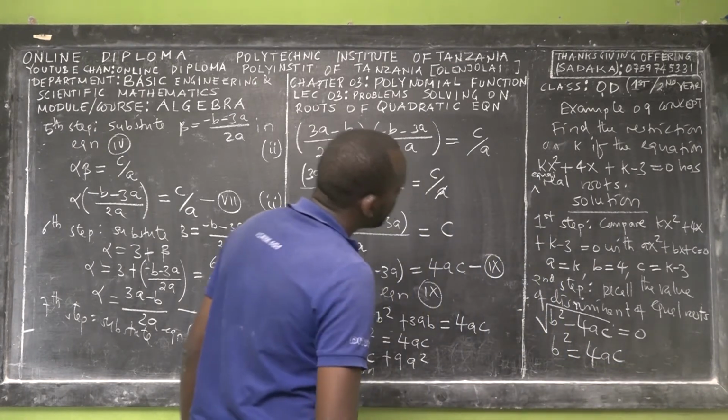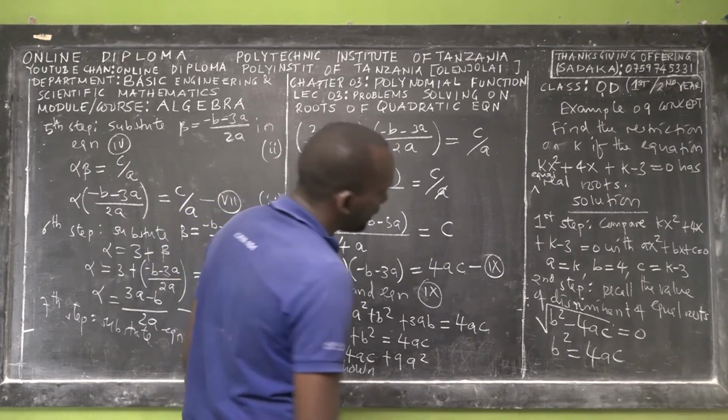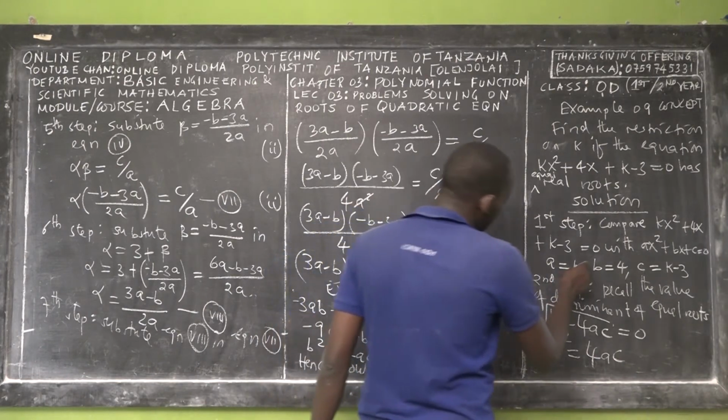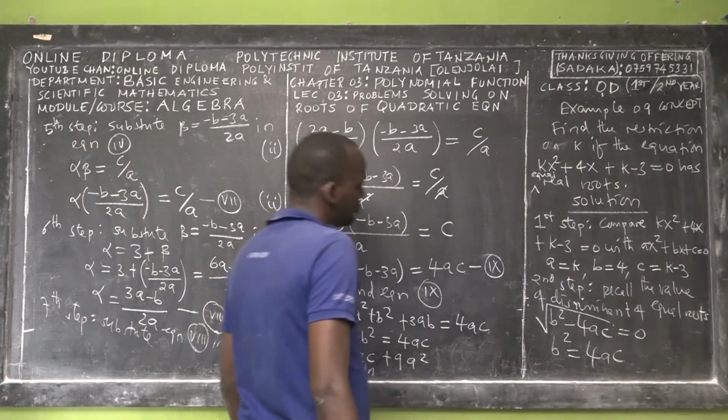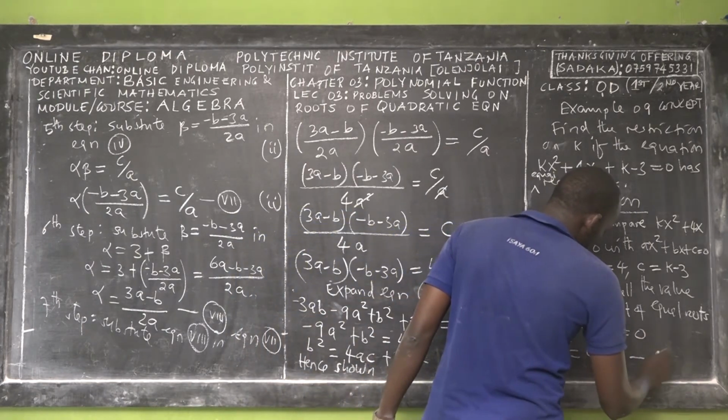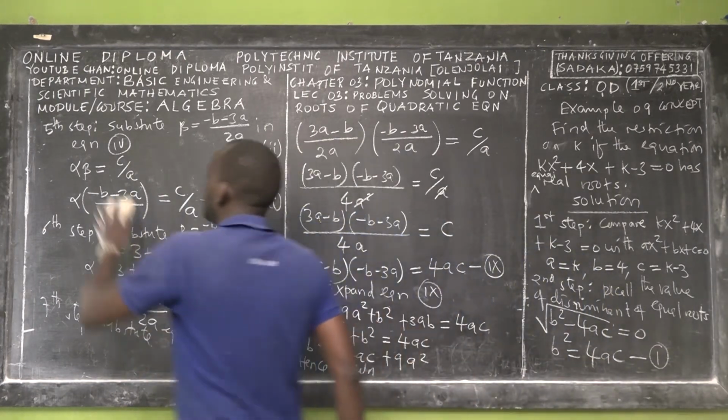Right? So what's our aim? We have to look for the value of k. We can call this equation 1.